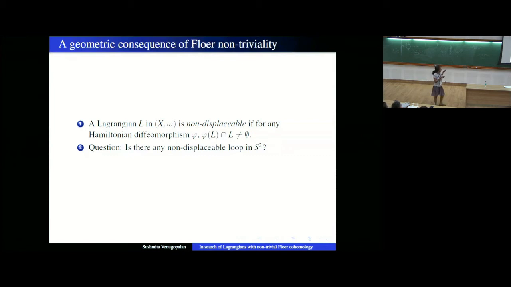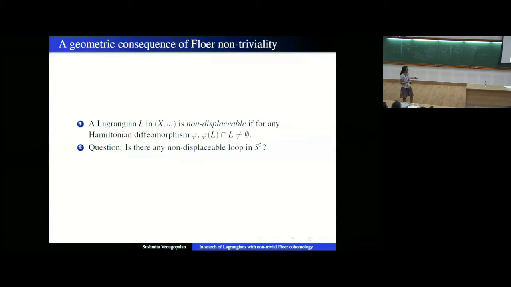If you just look at manifolds and spaces, one of the geometric consequences of Floer non-triviality is that if a Lagrangian is Floer non-trivial, then it is non-displaceable. Non-displaceability is defined as follows: if for any Hamiltonian diffeomorphism, the image of the Lagrangian continues to intersect the Lagrangian itself, then the Lagrangian is called non-displaceable.